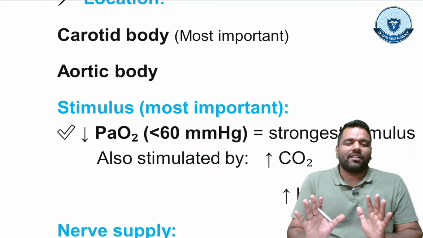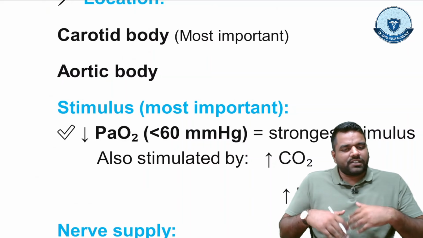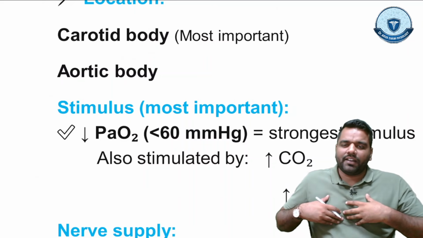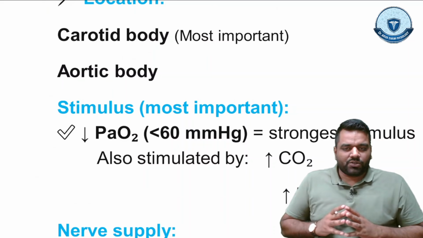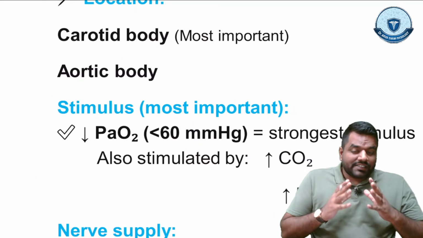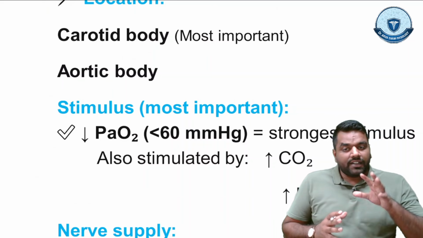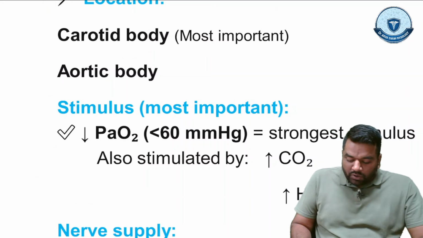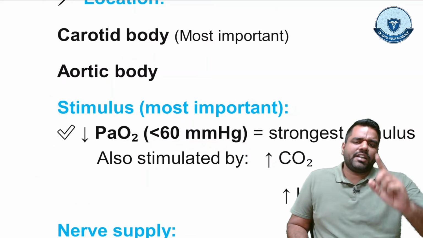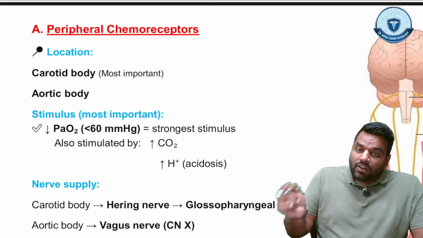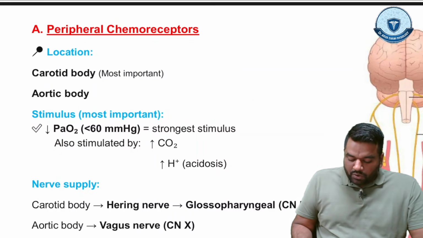If this did not exist, then even if oxygen decreased in our body, our brain would not know, and the ventilation speed of our lungs would not increase. So basically this sensor helps to increase the ventilation of the lungs. They detect the level of oxygen in the blood. Whenever the blood oxygen level drops below 60 mmHg, they immediately activate and send the message to the medulla. They can also be stimulated by CO2 and H ion.